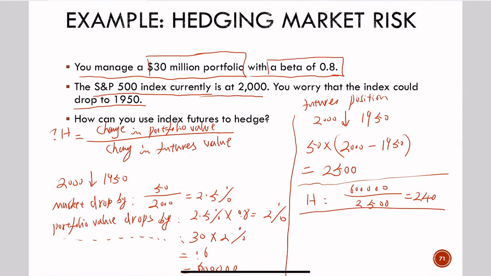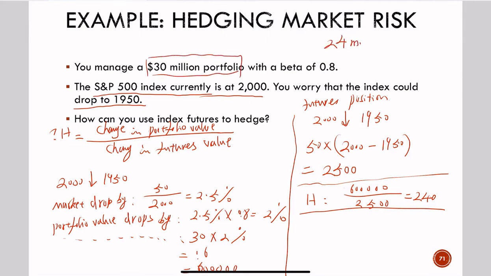There's actually a quicker way to solve this. If you have $30 million and the beta is 0.8, then to offset the loss from the $30 million portfolio, you have to invest $24 million in futures contracts, right?